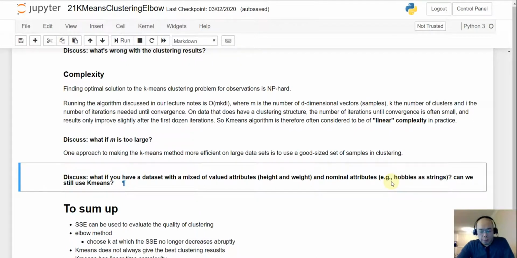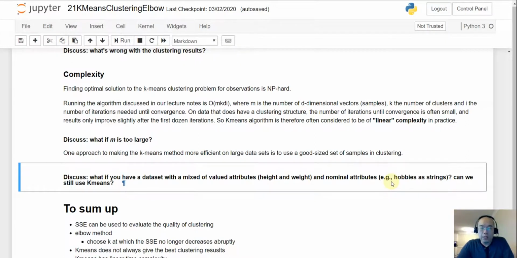The point I want to make here is that k-means is a clustering algorithm relying on the distance matrix, because we are assigning all the samples to the nearest centroid. How do we define the nearest centroid? We are measuring the distance. So in k-means, we are relying on a meaningful distance measure.